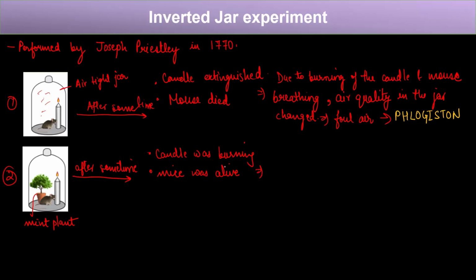He concluded that the quality of air that was degraded in the previous case was somehow restored by this mint plant, right? Because in this case, when the mint plant was there, the candle was burning and the mouse was alive. So this mint plant was somehow restoring the quality of air in the jar.